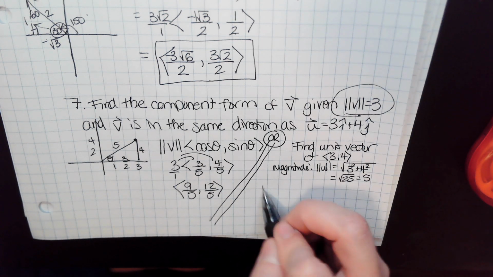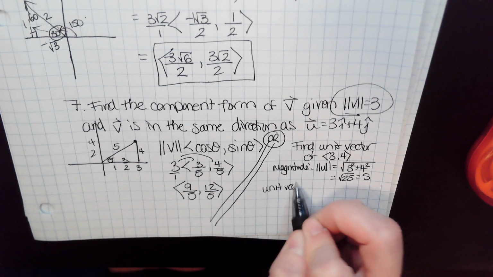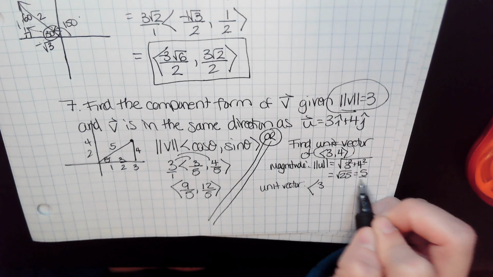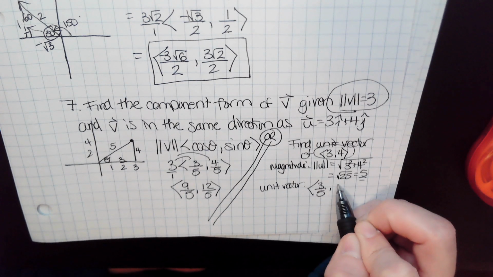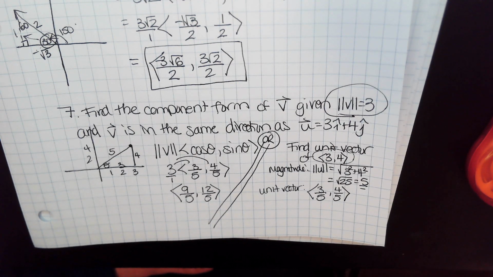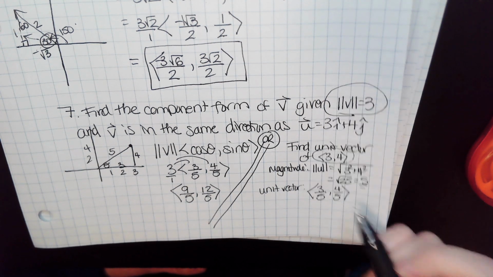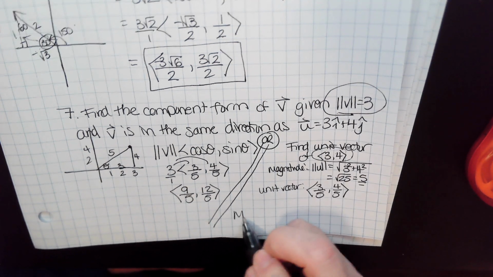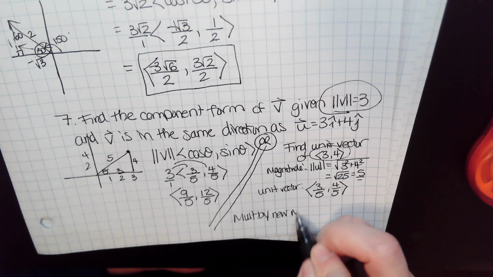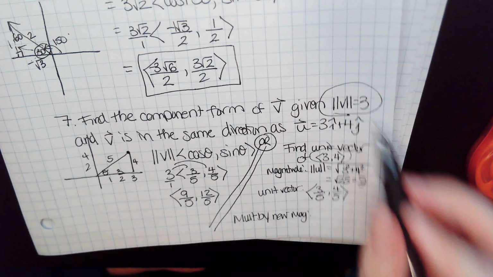After you find the magnitude, you can find the unit vector by taking your original vector of 3, 4 and dividing it by its own magnitude. So 3 over 5 and 4 over 5. That'll give you a magnitude of 1 for the vector 3/5, 4/5. And then you would multiply it by the new magnitude, which is 3.